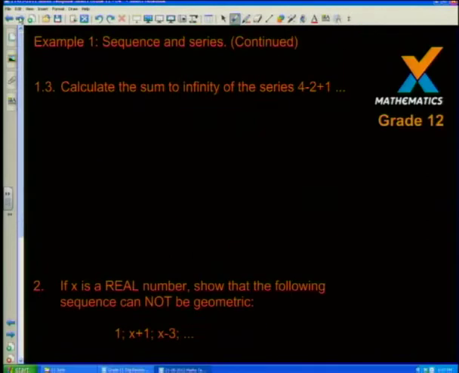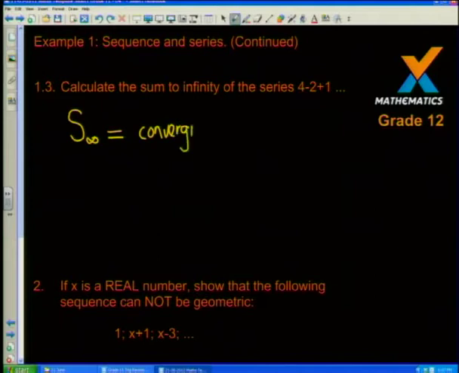Right, same question. Calculate the sum to infinity of the series 4 minus 2 plus 1. Now remember that we can only ever sum to infinity if we've got a series that is converging. So, why is this series converging?